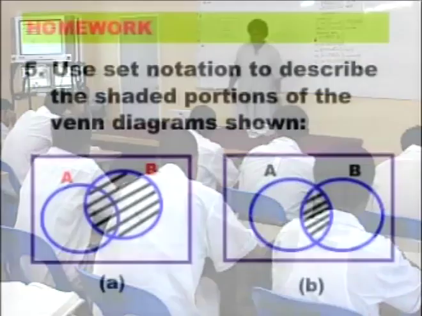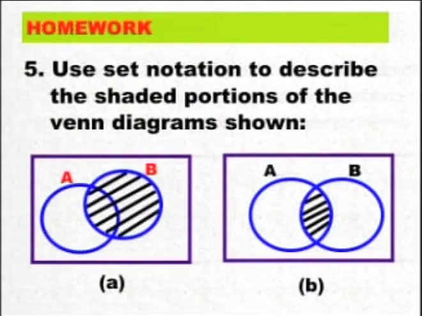Okay, number 5, use set notation to describe the shaded portions of the Venn diagrams that are shown. I'm going to also ask for volunteers to come and do this on the board. Make sure you label your answers correctly as well. For letter A, anyone for letter A?